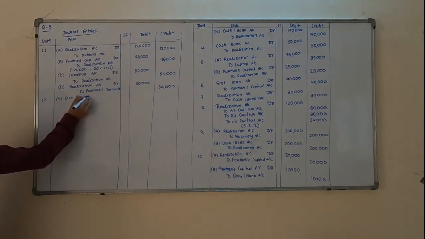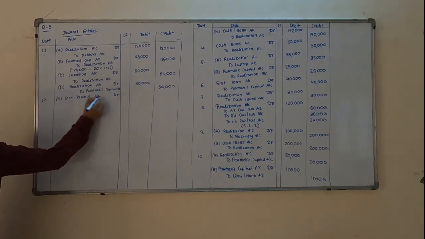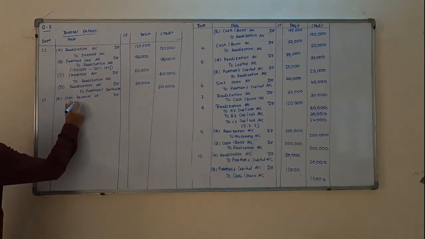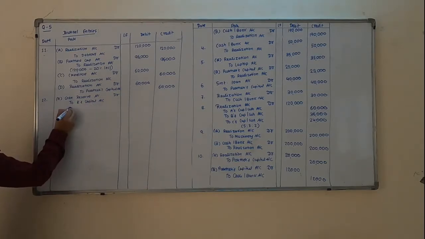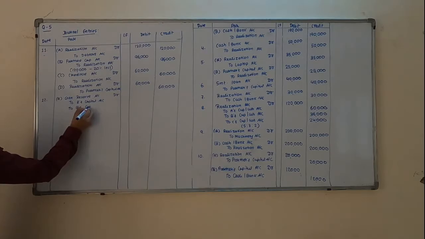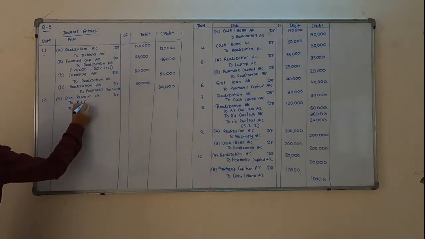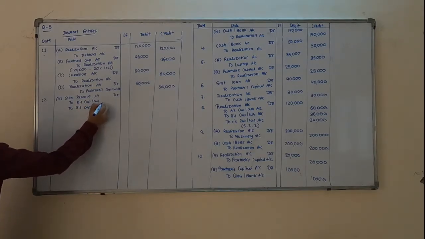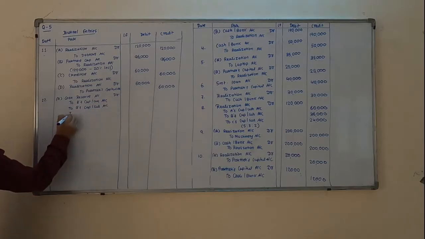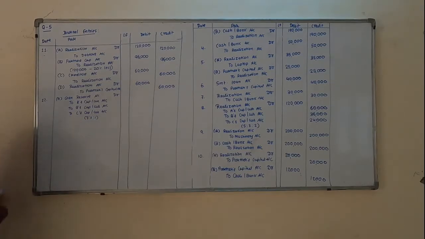So general reserve account debit to R's capital account, B's capital account, and L's capital or current account, in the ratio of 3:2:1.